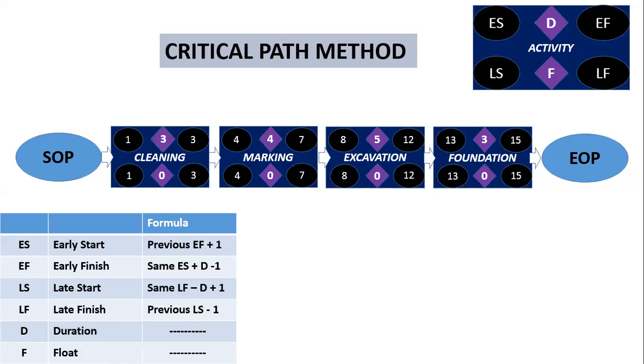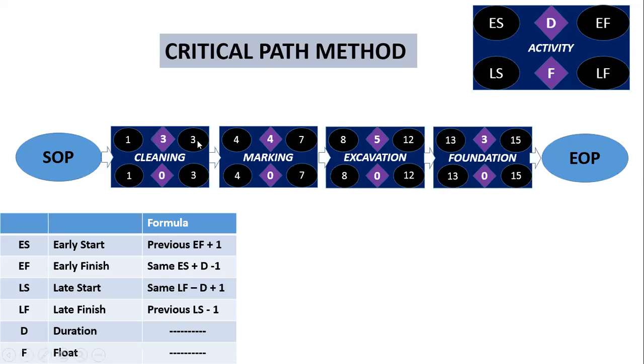Keep this thumb rule: the float calculated from early finish and late finish of any activity must be the same as from early start and late start. That is, EF minus LF must be equal to ES minus LS. 12 minus 12 is 0, 8 minus 8 is 0, 7 minus 7 is 0, 4 minus 4 is 0.